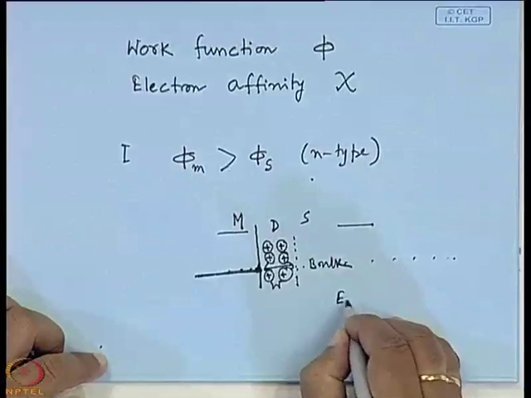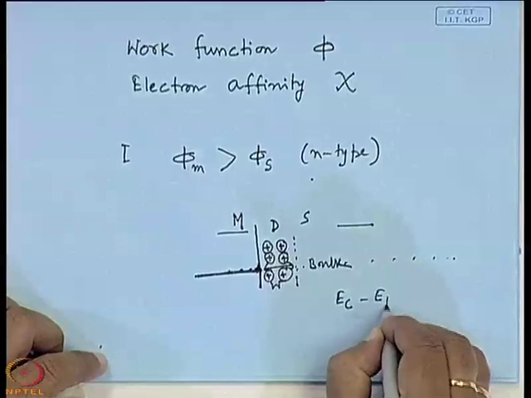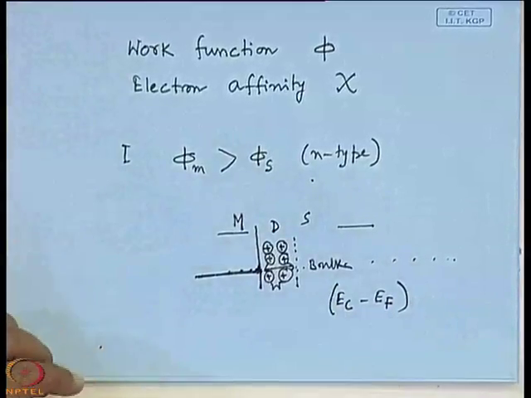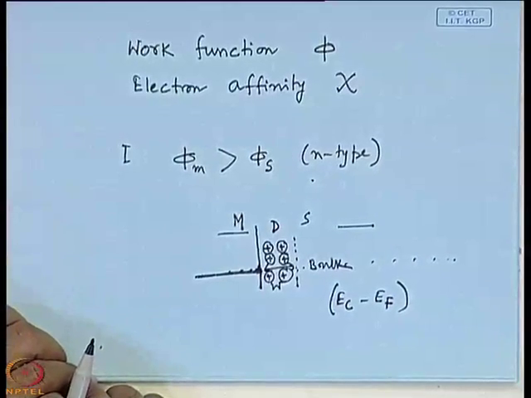Now, what will happen in the depletion layer? In the depletion layer, the number of electrons is very less. Okay. So, that means E c minus E f will be large. Why?